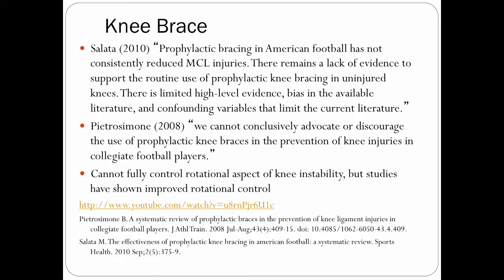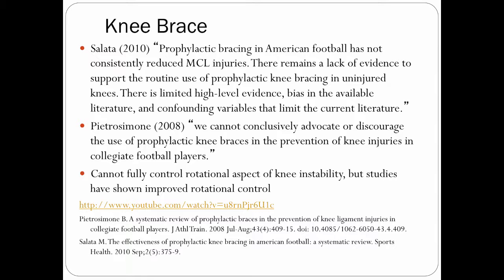So he's saying don't use it. Well, he's not saying don't use it. He's saying just cautiously use it and understand the limitations. And then Petra Simone in 2008: we cannot conclusively advocate or discourage the use of prophylactic knee braces in the prevention of knee injuries in collegiate football players.